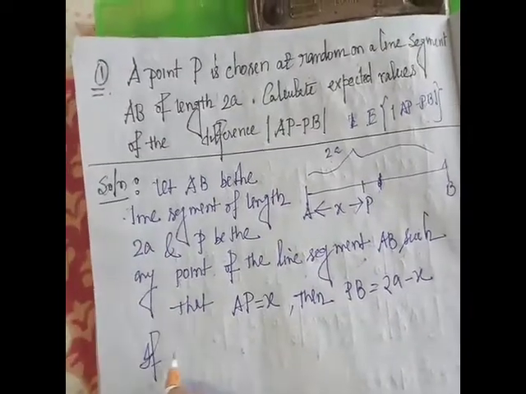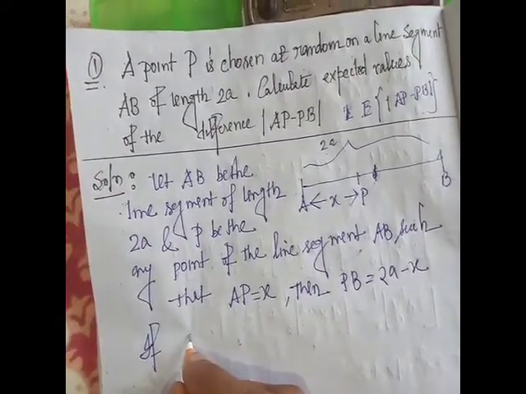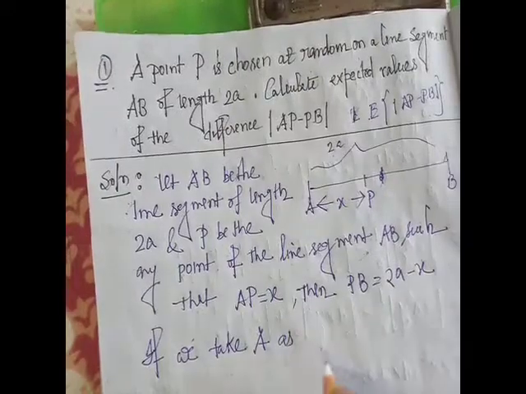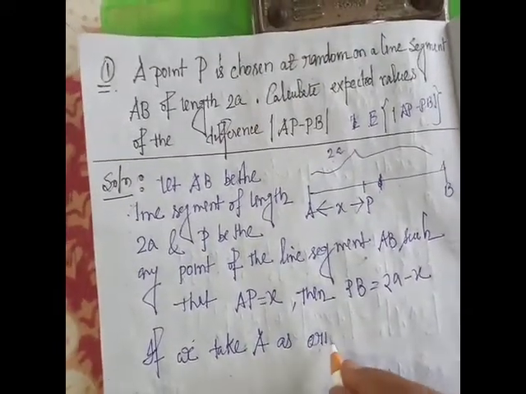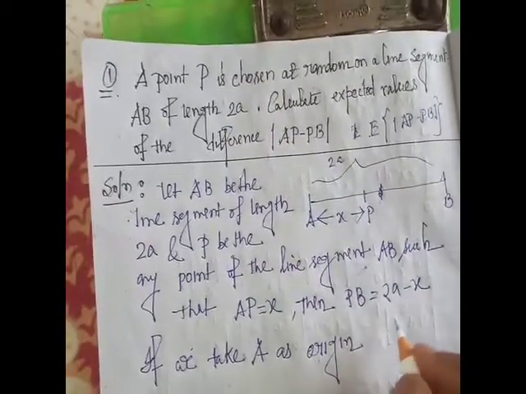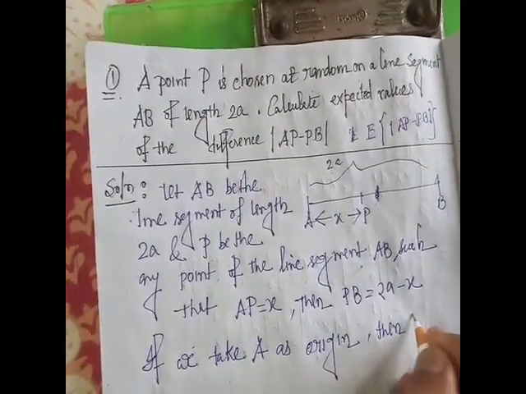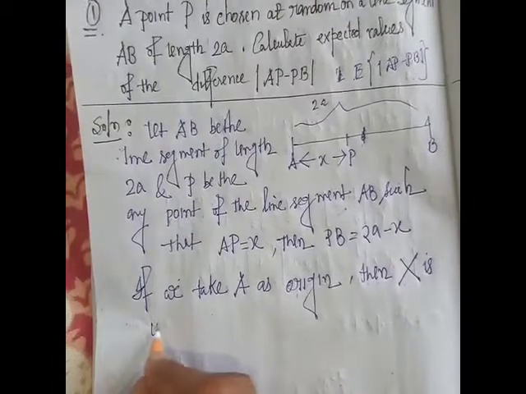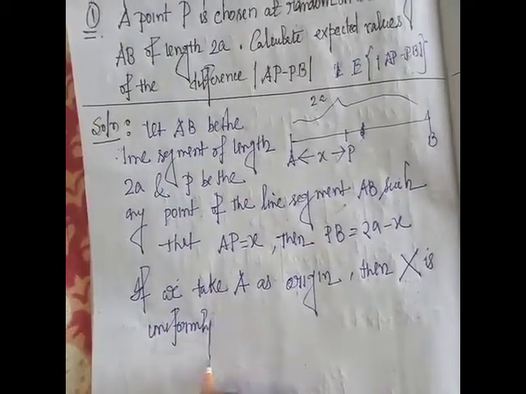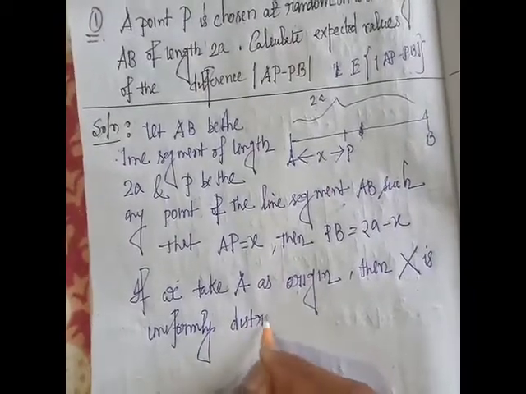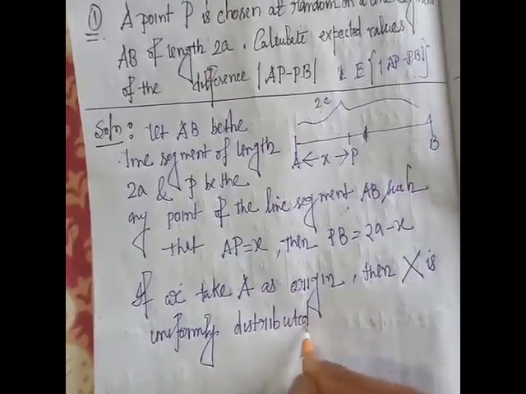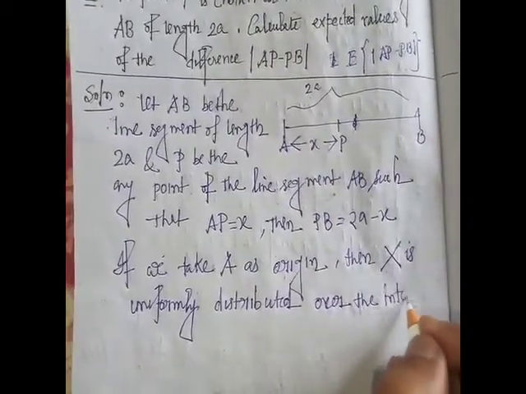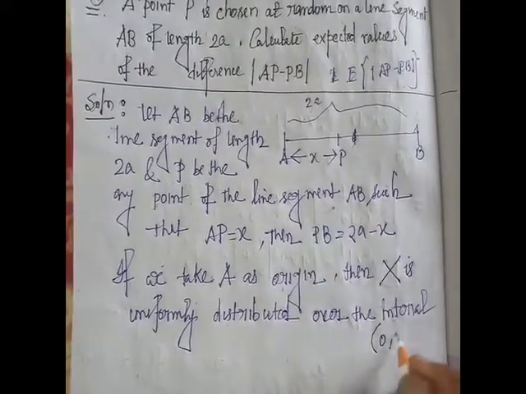If we take A as the origin, then x is uniformly distributed over the interval 0 to 2a.